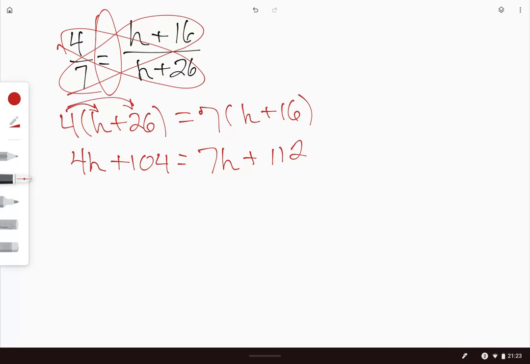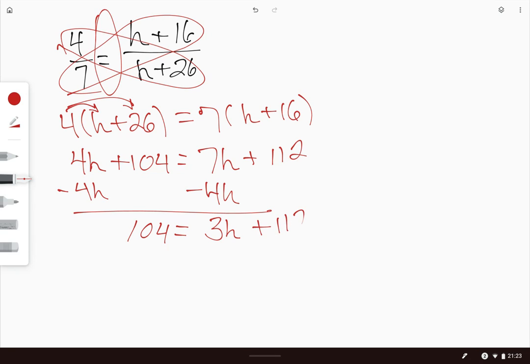Since I like to avoid negative variables, I'm going to move my smaller to the larger. So that leaves me with 104 equals 7h minus 4h, which is 3h, plus 112. Then I'm going to subtract 112 from both sides, so I'm left with 3h equals 8.